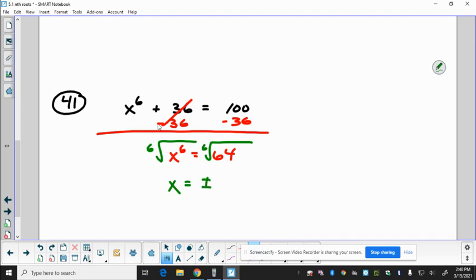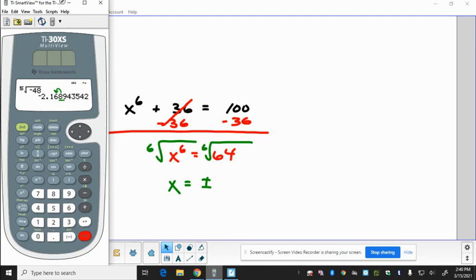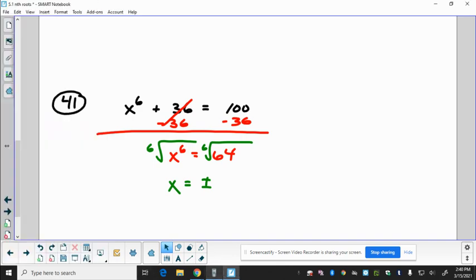So this will be plus or minus the sixth root of 64. Oh, is that 2? We're going to have to look and see here. Sixth root, it is 2, but it's plus and minus 2 because it's an even root. Negative 2 times itself 6 times would still be 64, wouldn't it?